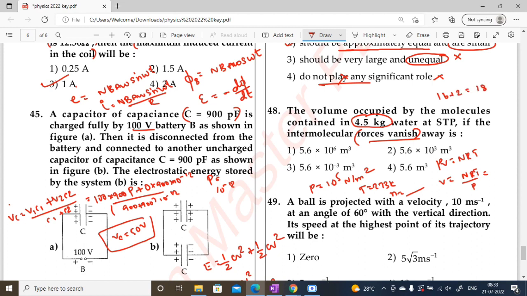So n will be 4.5 into 10 power 3 divided by 18. On substituting, volume is 4.5 into 10 power 3 divided by 18, into R, the gas constant, which is 8.3, and temperature 273, divided by 10 power 5. So the final answer will be 5.6 meter cube.